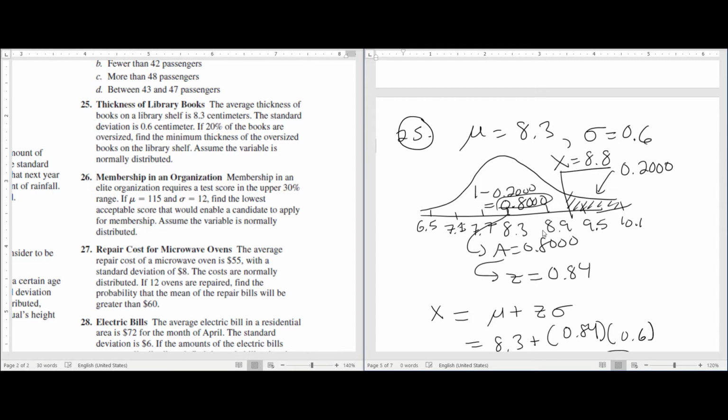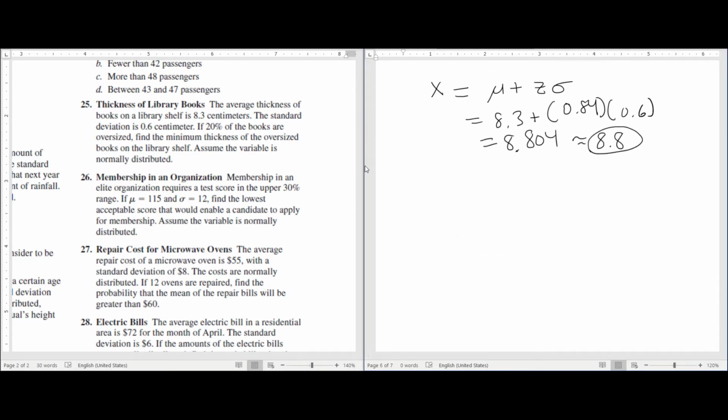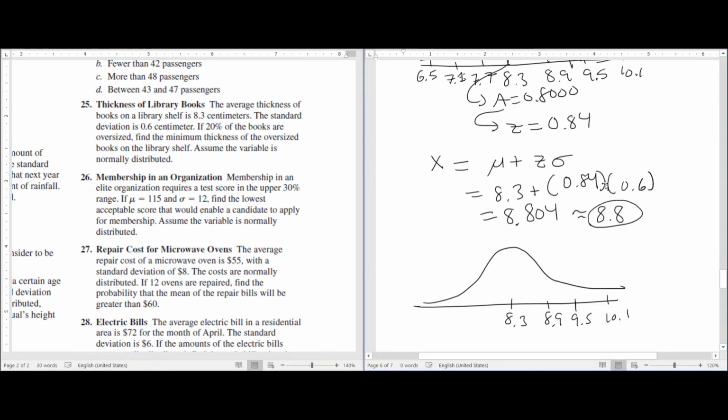And notice I was off here, right? I guessed that it would be between 8.9 and 9.5, but it's not true. It's actually between 8.3 and 8.9. So I'm going to draw that out and correct that. Is that the same numbers that I had before?